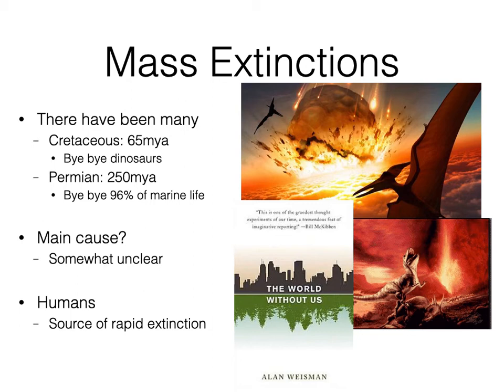Okay, so mass extinctions are things that have certainly happened before on this planet, but there are hard long times in store for those that survive in the aftermath of a rapid extinction.